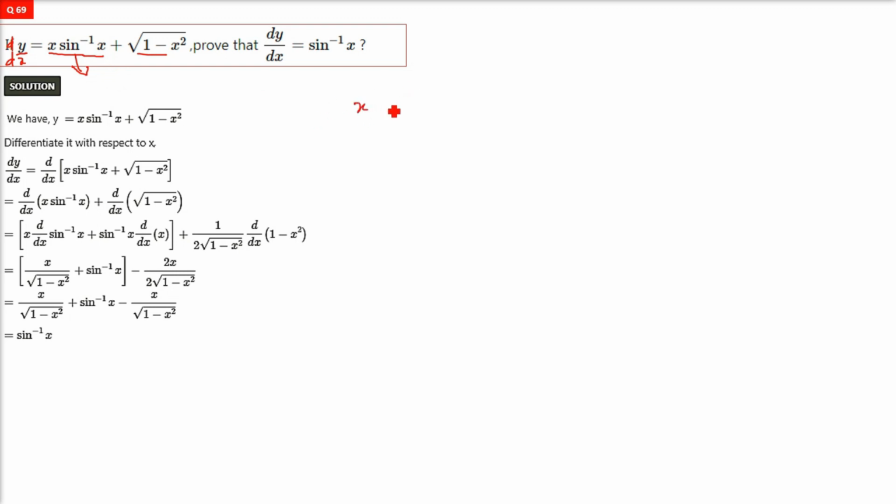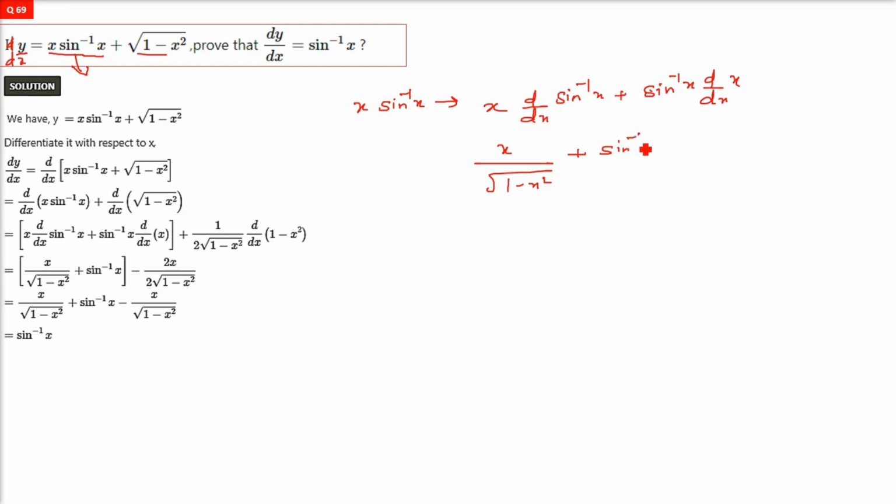So we will be performing product rule on x sin inverse x. So first x, then d by dx of sin inverse x, followed by an addition, then sin inverse x, and d by dx of x, differentiation of x. Now this is x, derivative of sin inverse x is 1 by under root 1 minus x square. Then we have a plus sign, sin inverse x, and dy by dx of x is 1. Differentiation of x is 1.